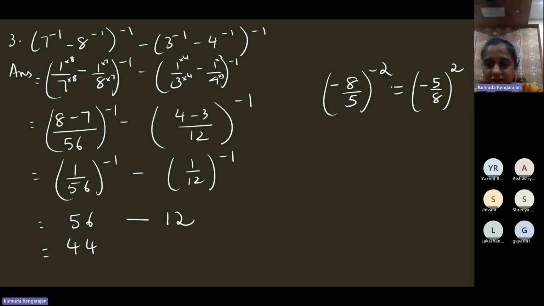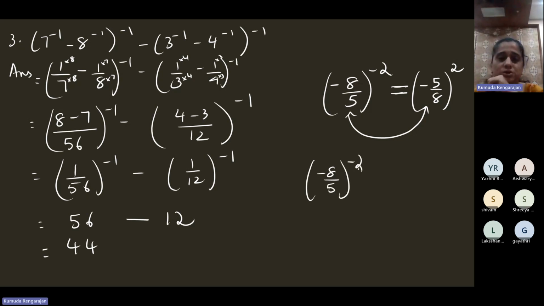When you do this, you're writing the equivalent of this one. These two are equal. But if you do only one of the two actions, here the two actions are taking the reciprocal of the base and writing the negative of the power. If you perform both these actions, you are writing the equivalent of the given expression.